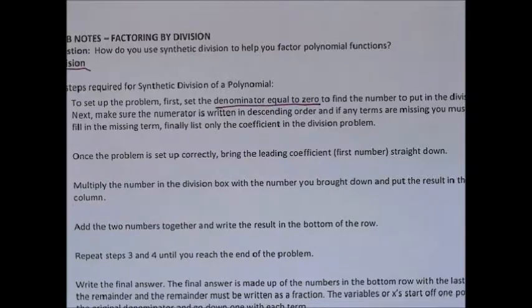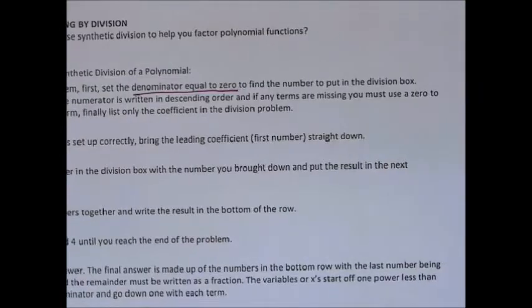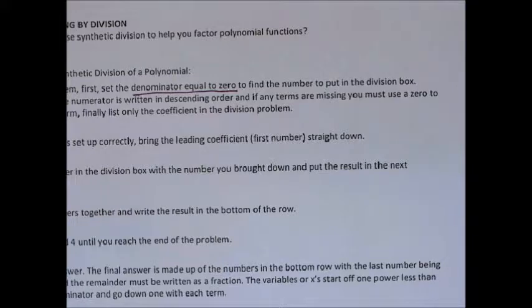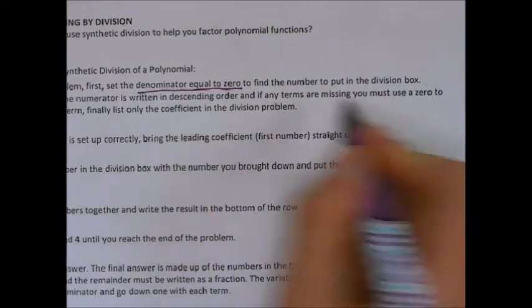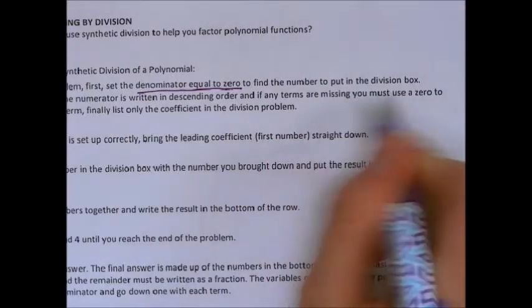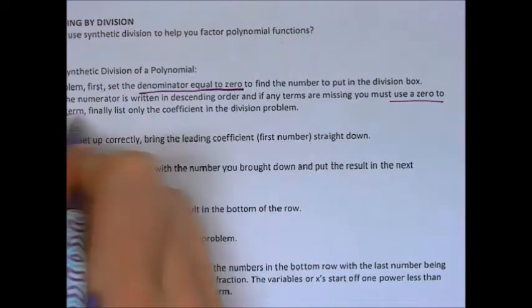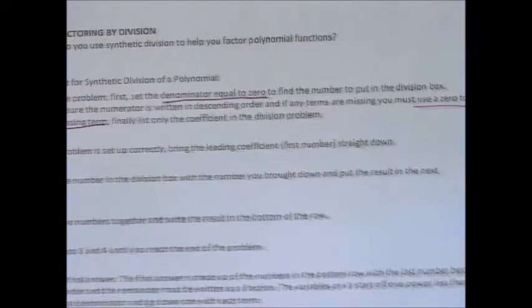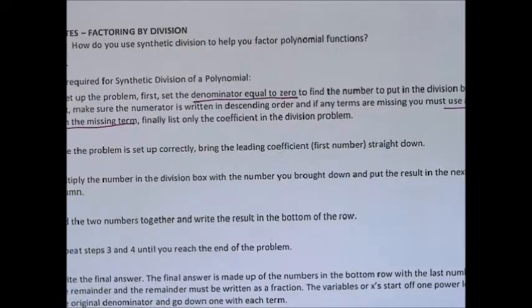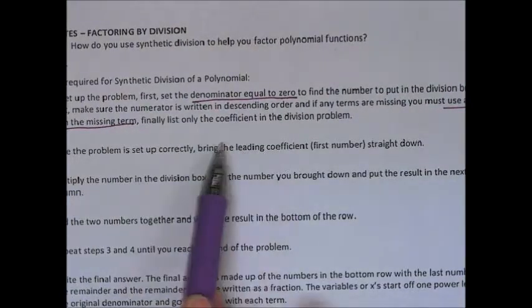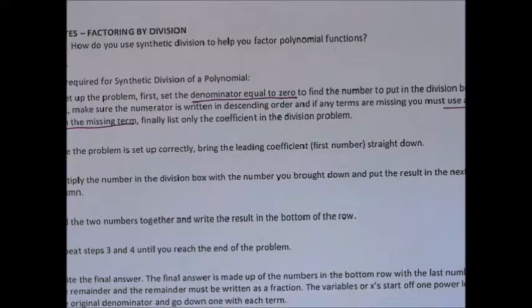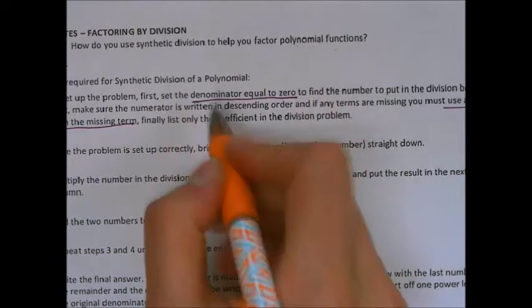And if any terms are missing, you must use a 0 to fill in the missing term. So that's important. Use a 0 to fill in missing term. Finally, list only the coefficients in the division problem. So only the coefficients.